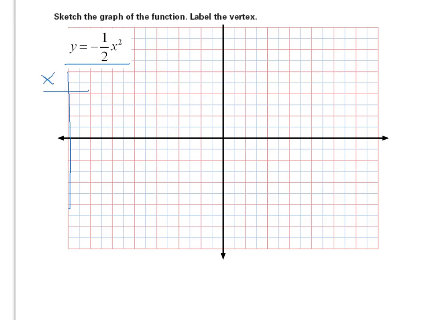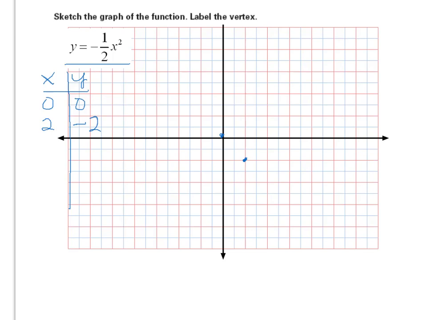So if we let x be 0, of course, in this one, y is 0, and we can plot that point. And if we let x be, let's say, 2, we square it to 4. -1/2 of 4 is -2. So we're going to graph 2, -2.